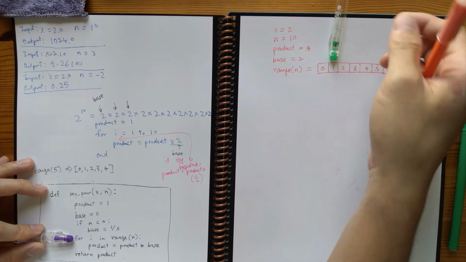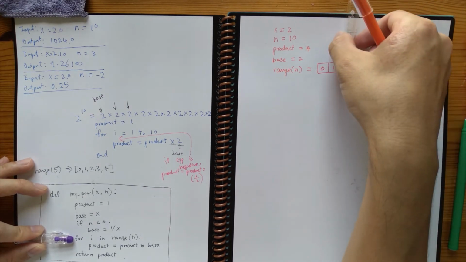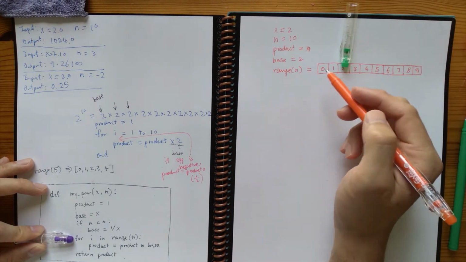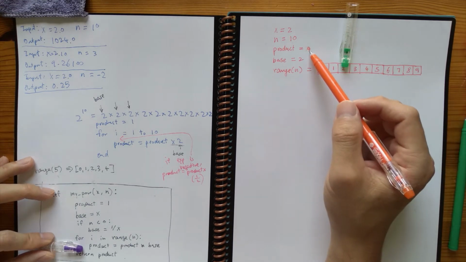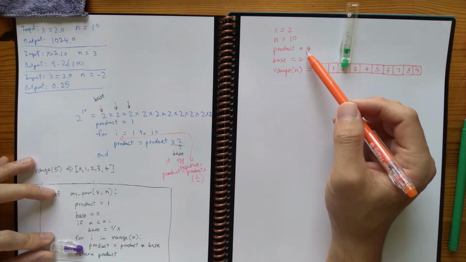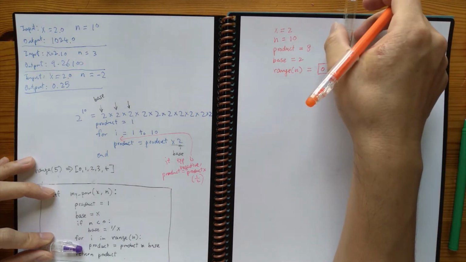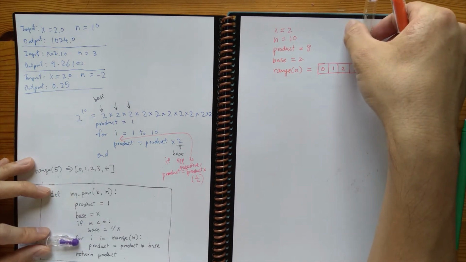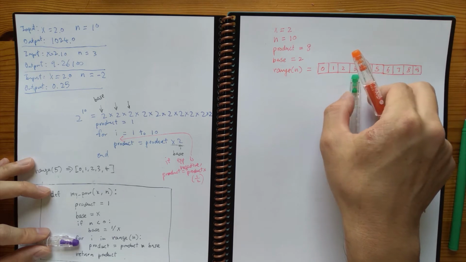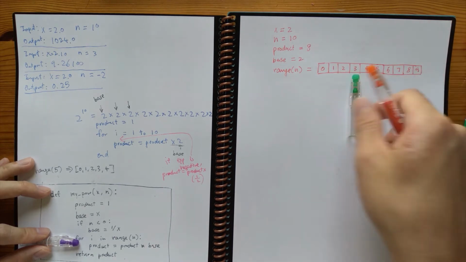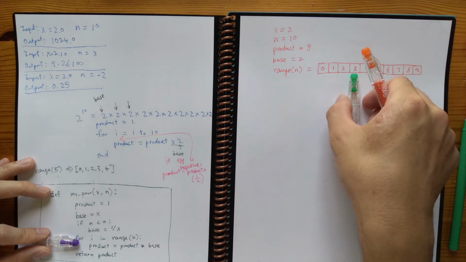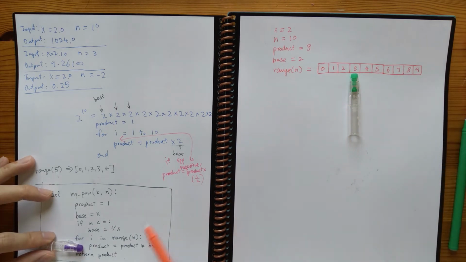Okay, now moving this pointer over by another 1. And now we're going to do it again. 4 times 2, store it back to product. 4 times 2 is 8. We're going to move this over one more time. Okay, we do this again.